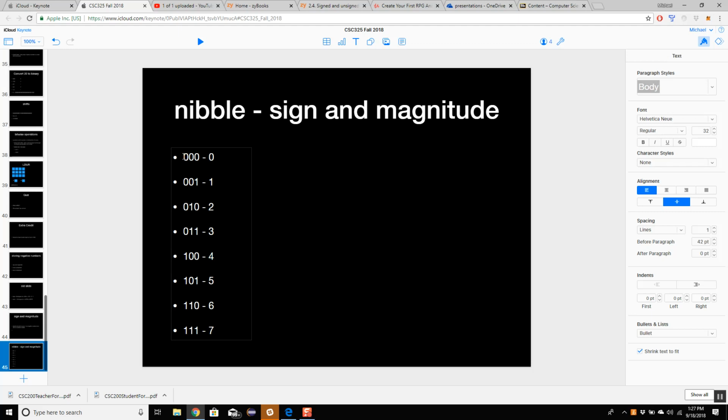So now I want to represent those numbers, but as 4-bit signed values. So I'm going to throw a 0 in front of all these. These are our positive numbers.